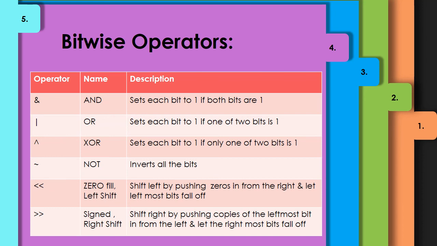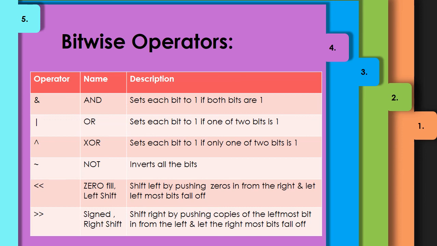First one is the AND operator. It will set each bit to 1 if both bits are 1. It works the same as the logical AND operator, but this bitwise operator works only on binary. Now the bitwise OR operator sets each bit to 1 if one of two bits is 1.